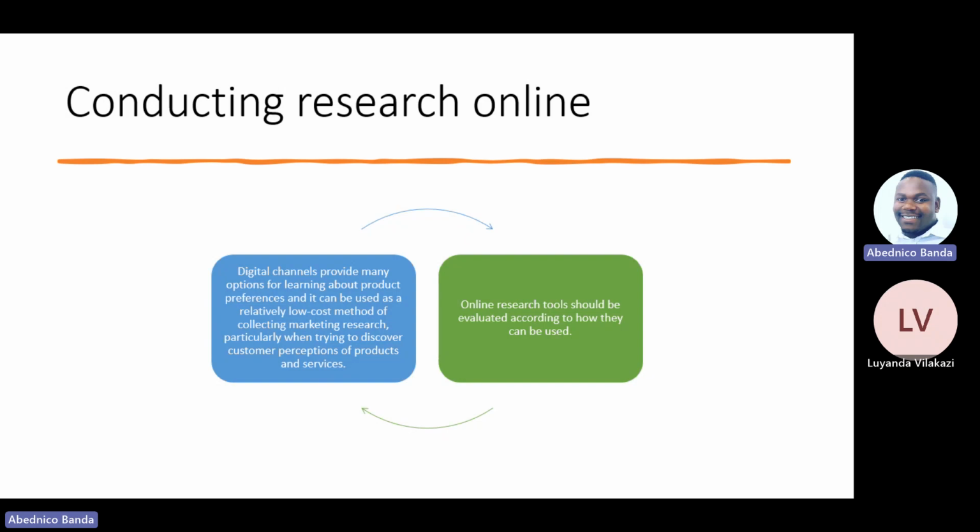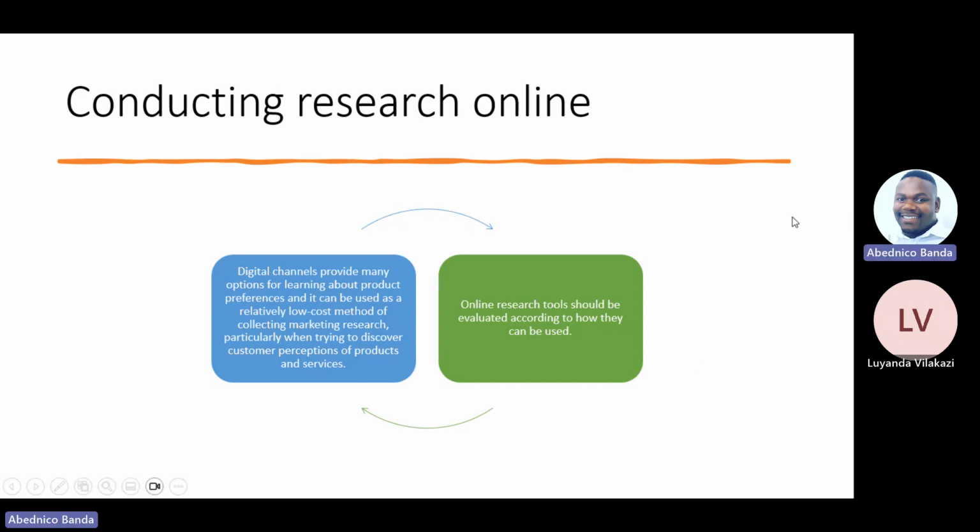So if you are an organization that specializes in developing products that are related to alternative energy sources, it is the right time to conduct research and know the kind of products that customers would want when the lights are off or when there is a power outage. So research can always lead to product development.